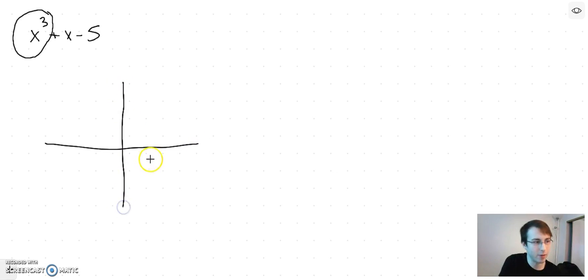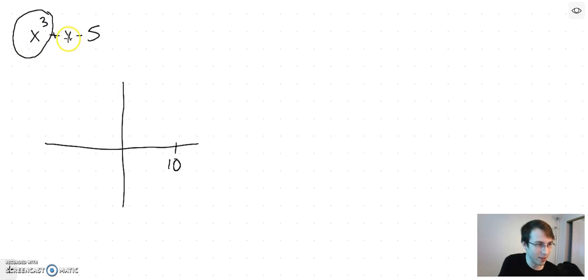Examples for just the general graphing intuition behind end behavior and turnarounds. Say we have a polynomial like x cubed plus x minus 5. Well, we just got to look at the highest degree term, x cubed. When we plug in a large positive number, let's just say we plug in x is 10, then we get 10 cubed, which is 1,000.